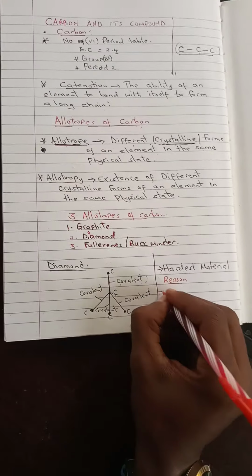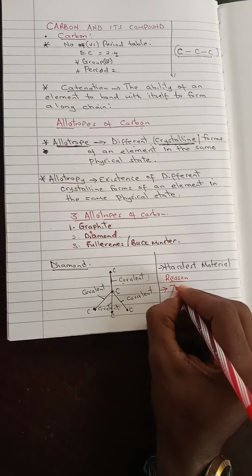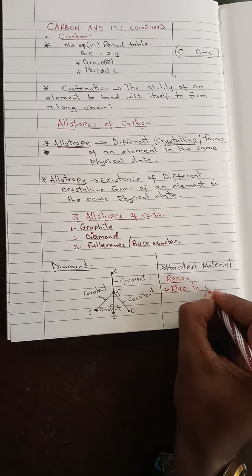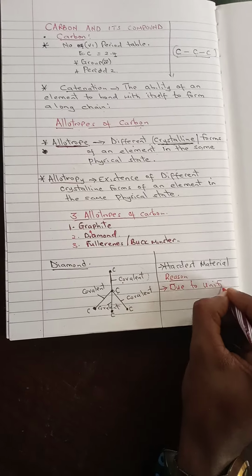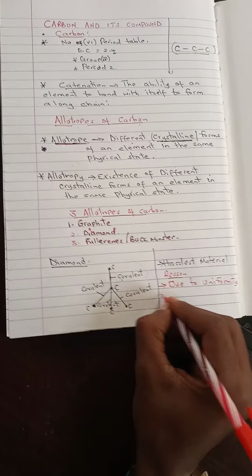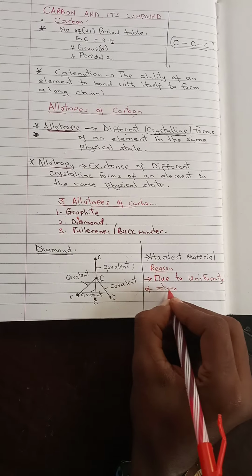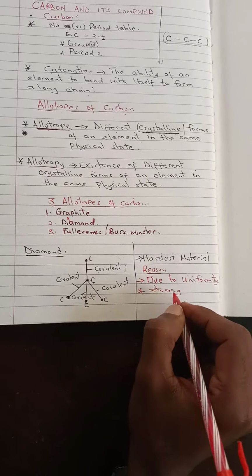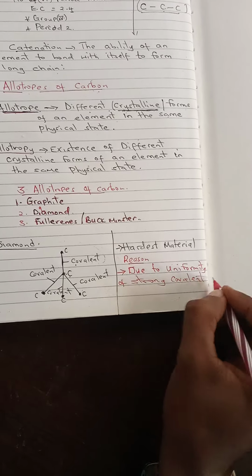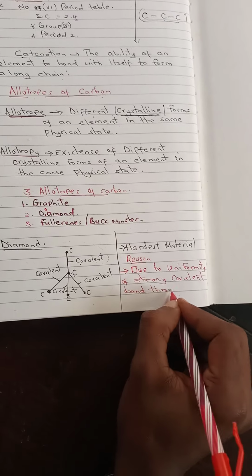So the reason behind the hardness of diamond is the uniformity of strong covalent bonds throughout the structure.